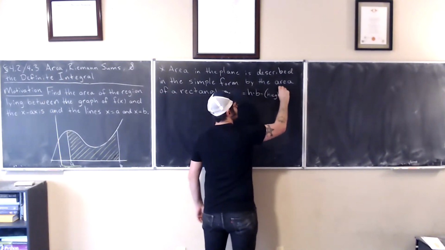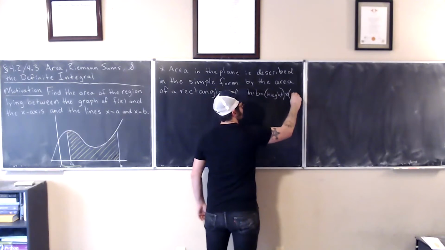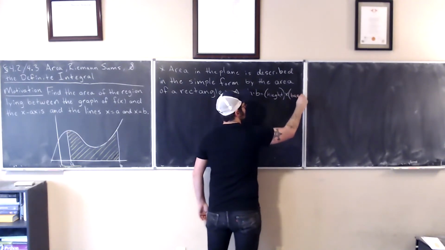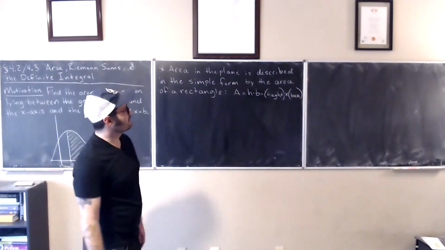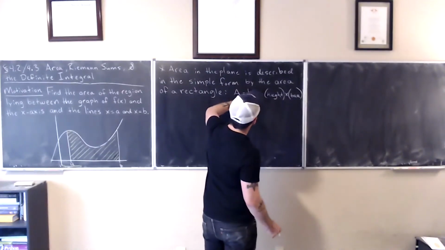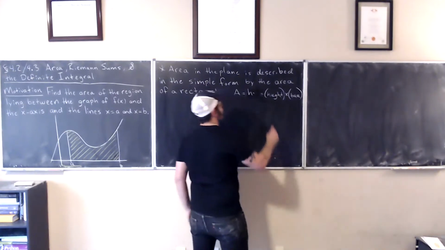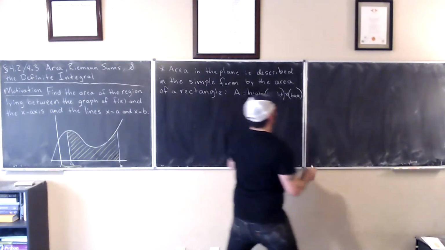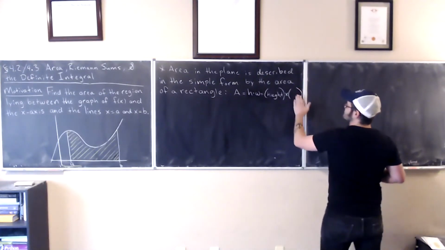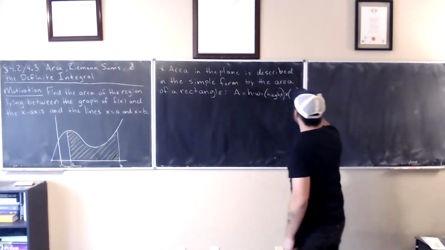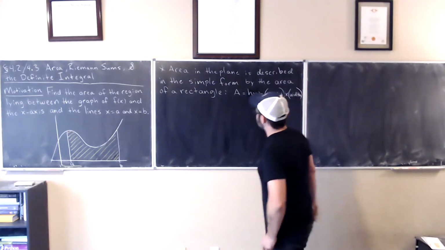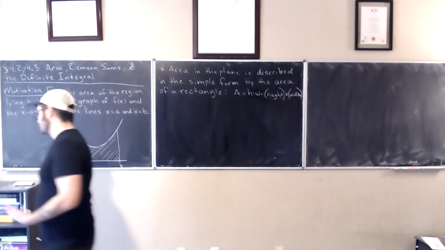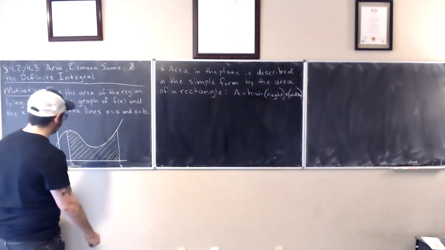Height times width, whatever. Sorry, I keep on changing this. I just wanted to match up later in the easiest way. So height times width. And so this is the easiest way to measure area.